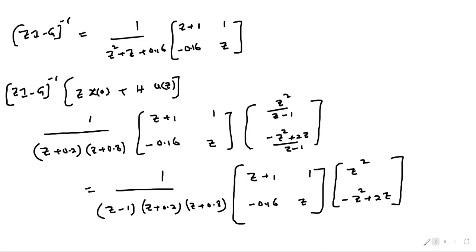If you work out those matrices, we'll obtain the following, which will be equal to 1 over the three terms Z plus 0.2, Z plus 0.8, and Z minus 1.